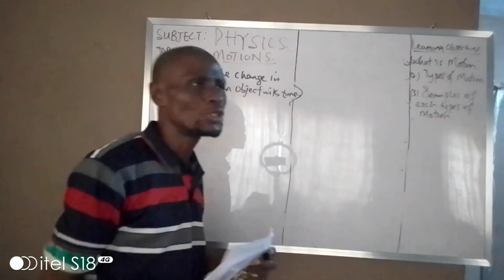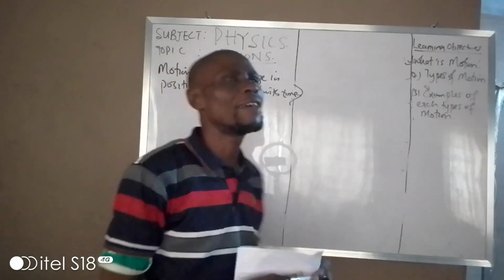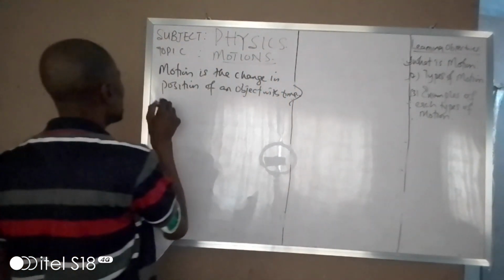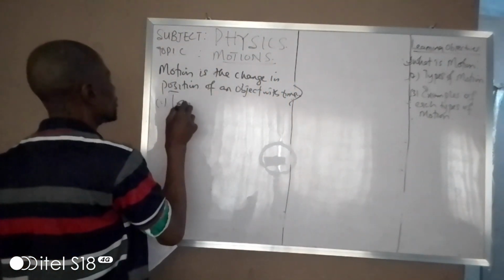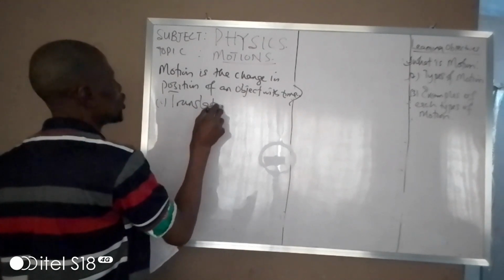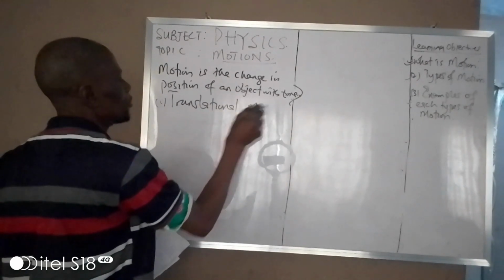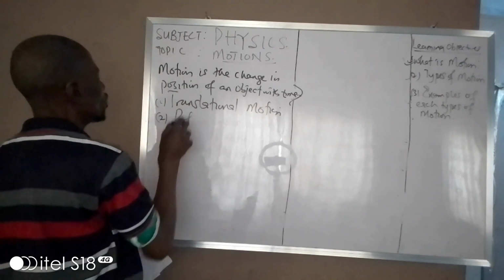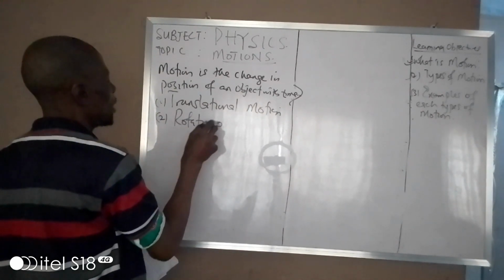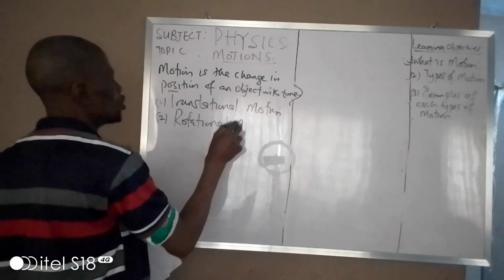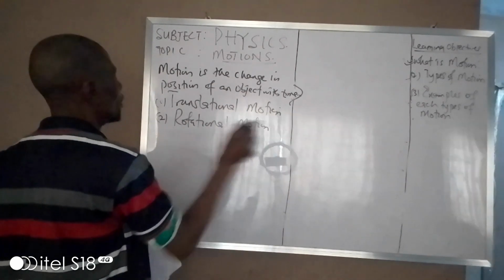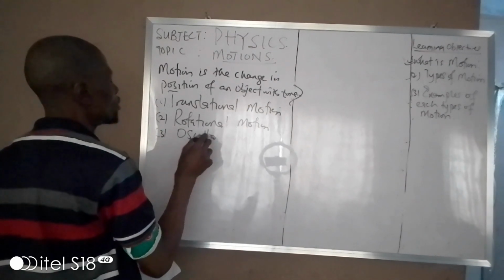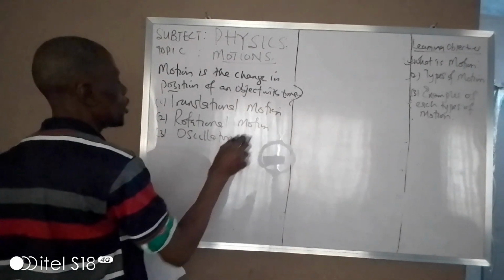What are the types of motion? I think we have basically four types of motion. We have what is called translational motion. We also have rotational motion. Thirdly, we have oscillatory motion.